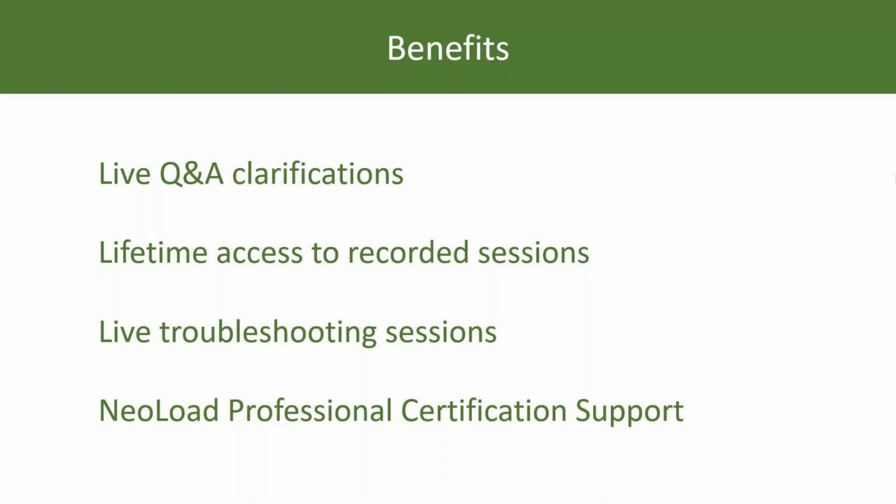Right now, for the professional certification, you can only make 2 attempts, and you have to score a minimum of 70% to clear the certification. We will discuss this in detail when we reach the professional certification support session.